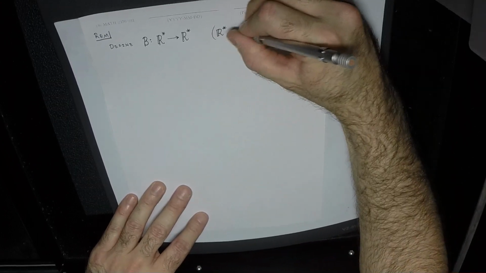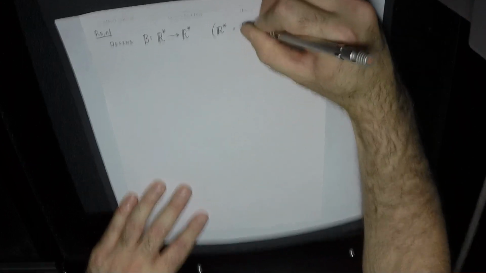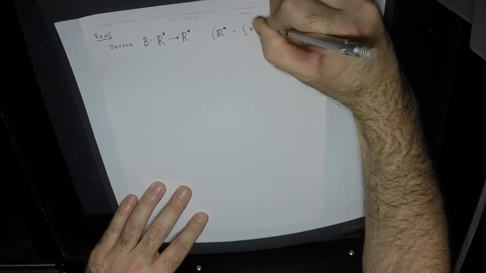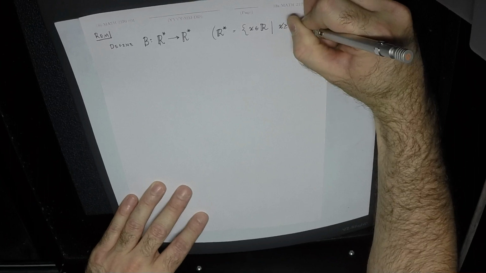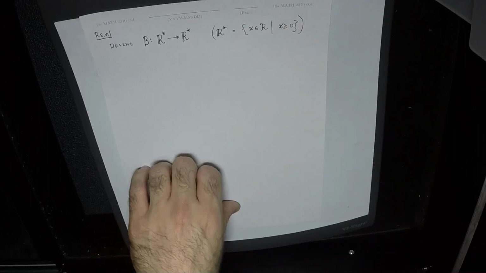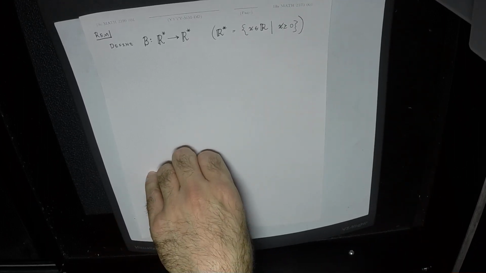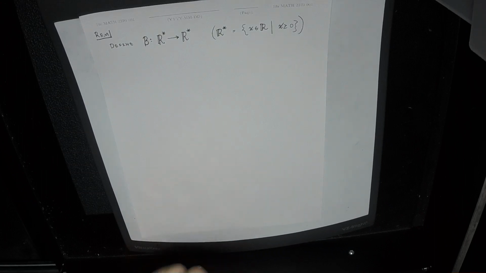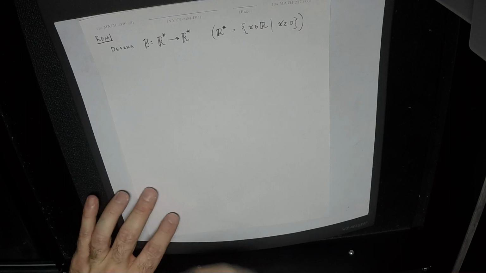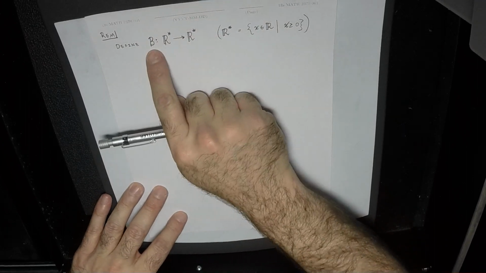Real star is the set of all x in the reals such that x is greater or equal to 0. That is to say, real star is the domain of the square root and also the image. All right, we want b.